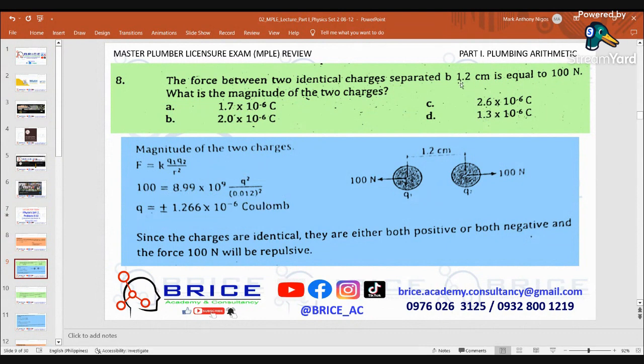That's it, that is the R squared. It's 1.2 cm, but we are looking for meters, so it became 0.012. If we compute, the square root of Q is equal to plus or minus 1.266 times 10 to the negative 6 Coulomb.